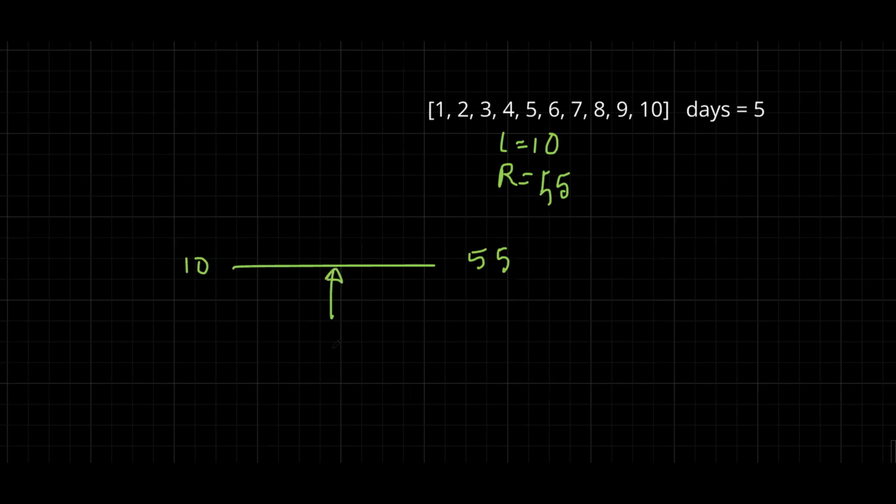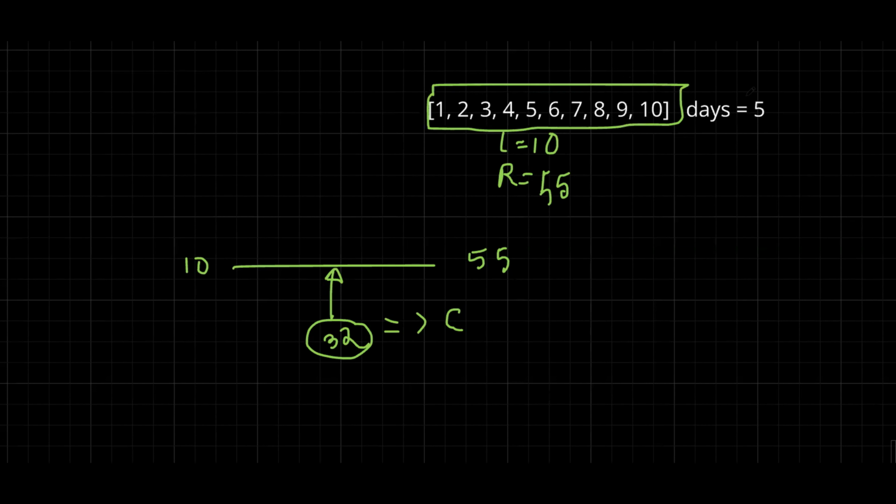Here the mid will be, suppose, 32. Now we have to check whether we can ship all of the goods within the specific days with this capacity. Suppose our mid value is 32, so it is the capacity C. Now we have to check whether we can ship all of the packages within these specific days if each ship has this capacity.